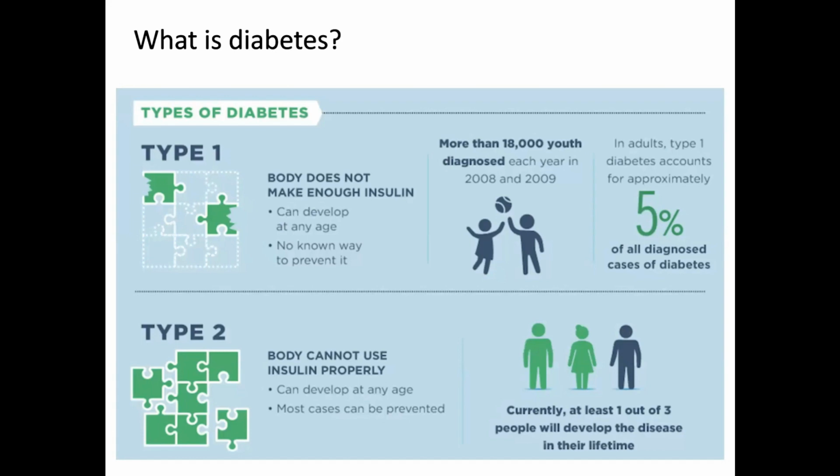So if you're pre-diabetic, you're not yet type 2 diabetic, but you're on the path to becoming type 2 diabetic. And it's really, really common. So 1 in 3 people will develop type 2 diabetes. So taking care of your body, making sure that you're eating well and exercising well and going to the doctor regularly and getting checkups and blood work, all of that stuff is important to make sure that you don't get type 2 diabetes and not treat it, because treatment's really important too.